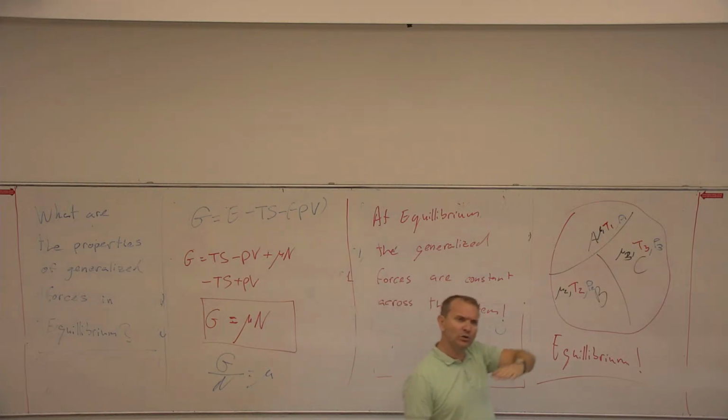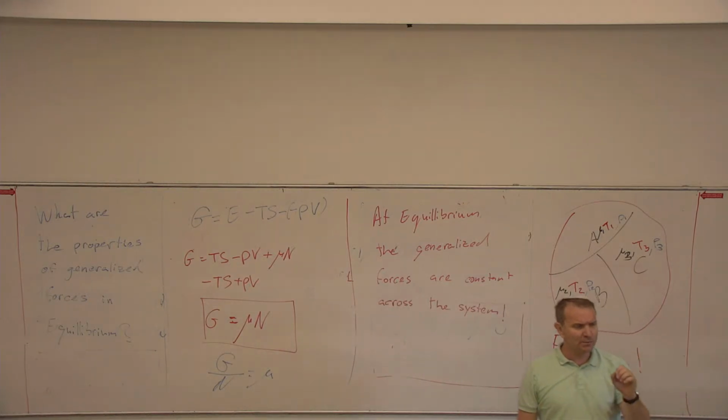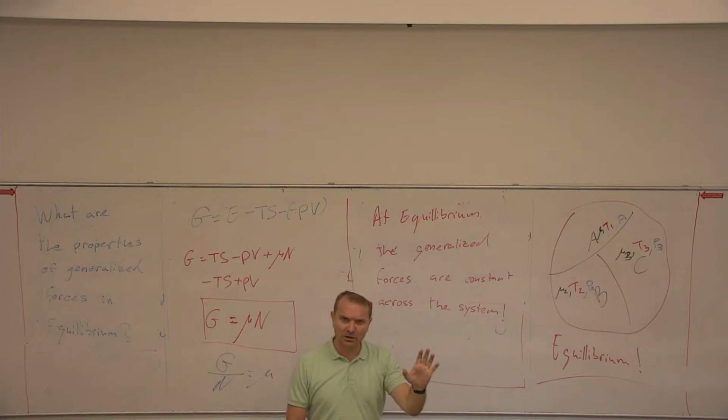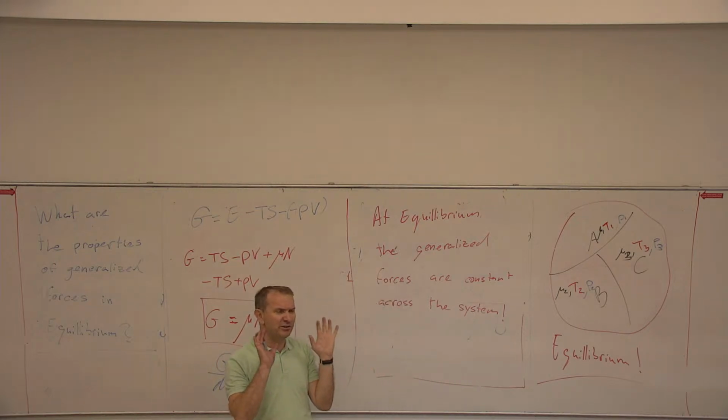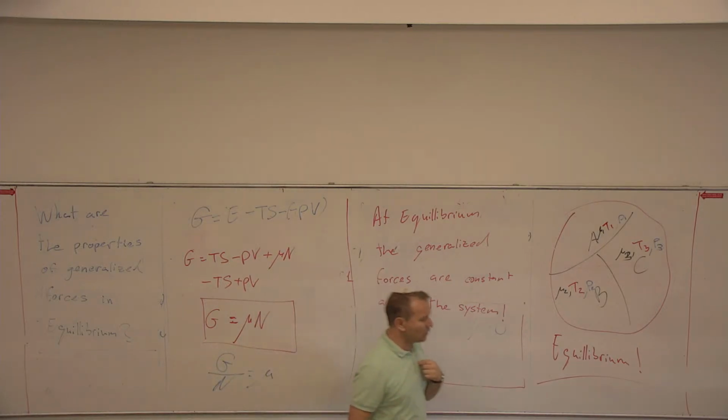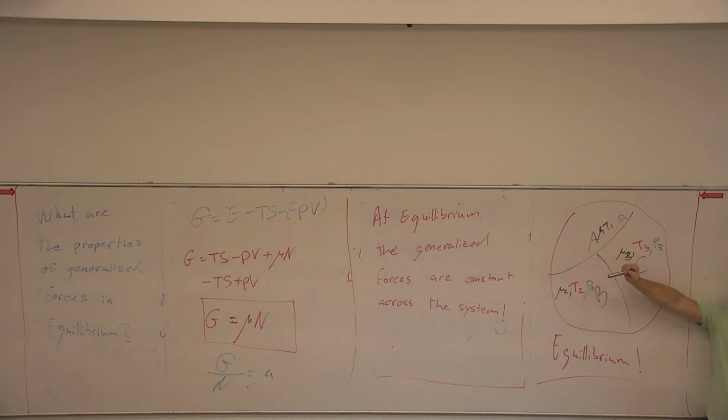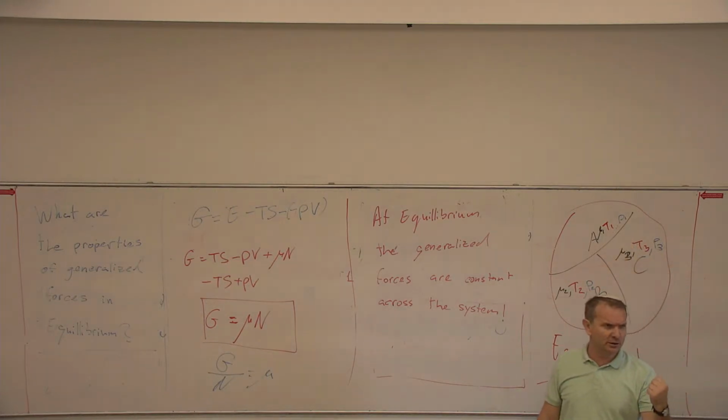It doesn't mean there are not going to be some small fluctuations, but it's going to be constant. This is a very harsh condition that always applies to equilibrium. What does it mean that it's constant? If temperature T1 equals T2, so this is the generalized force that is equal, when the temperatures are exactly the same, there is no flow of heat, right?